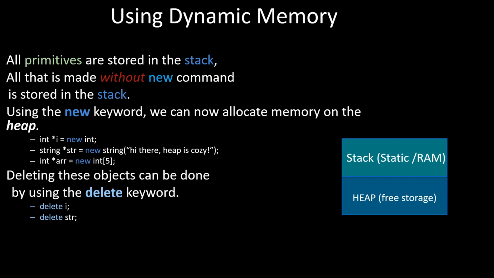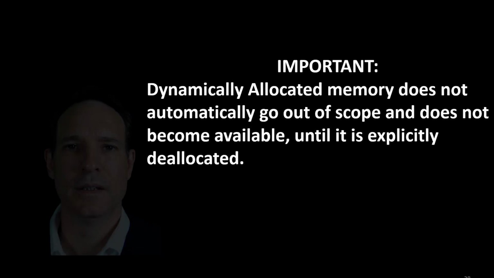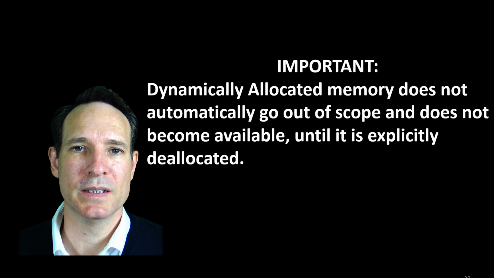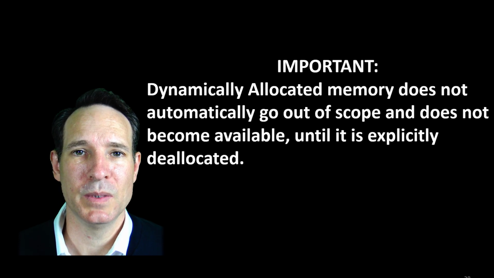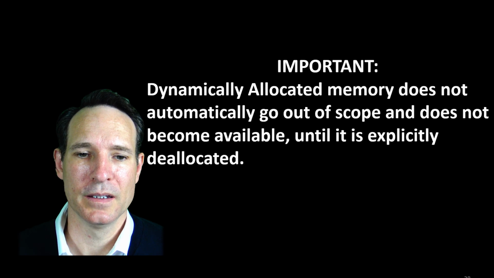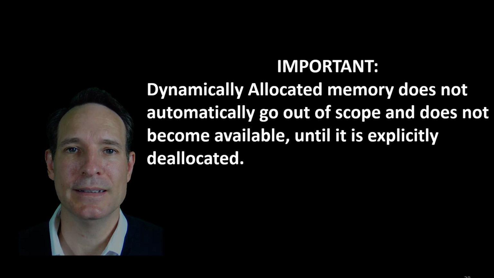And then finally, an array using the new keyword also gets a delete. But notice with the deleting of the array, I'm using the square brackets. Dynamically allocated memory does not automatically go out of scope and does not become automatically available again until it is explicitly deallocated.